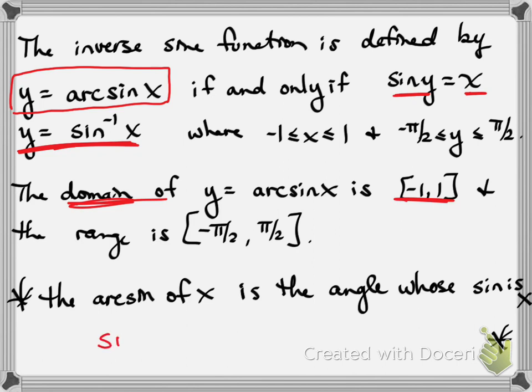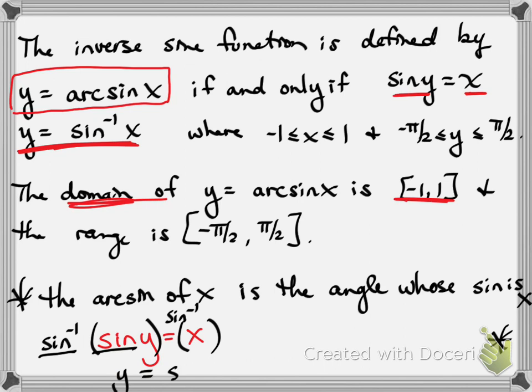Let's start with the angle whose sine is x. Y is trapped in the sine function, and to free it, we can take the inverse sine or the arcsine of both sides. The inverse sine of the sine, those undo each other and you just get y.